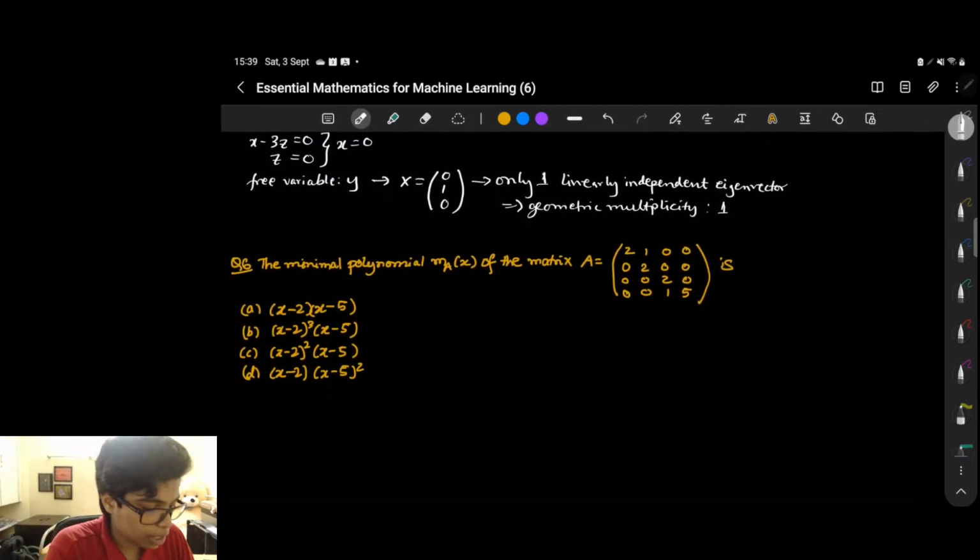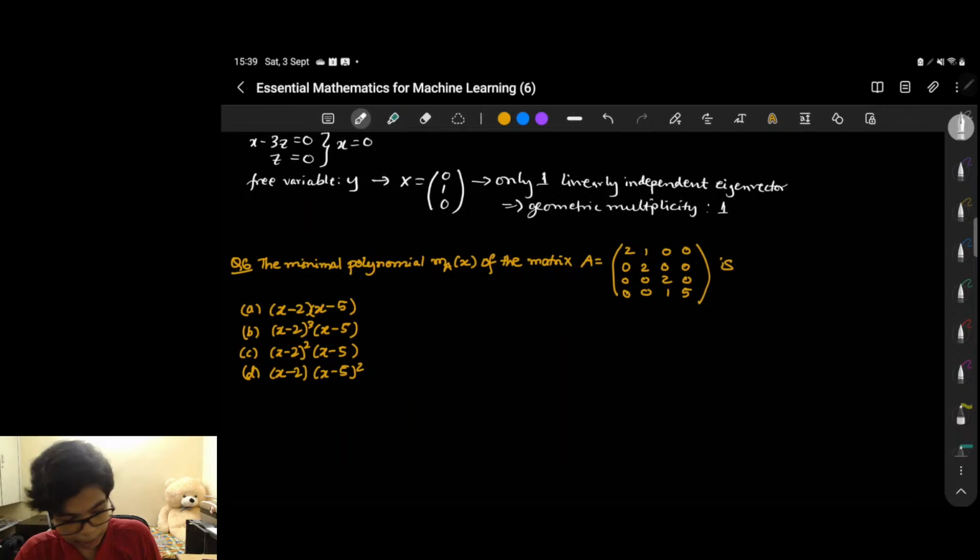So the next question is on minimal polynomials. We need to find out what the minimal polynomial of the matrix A is. Before finding the minimal polynomial, we need to know the characteristic polynomial.